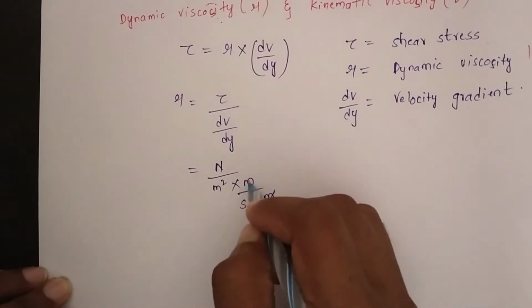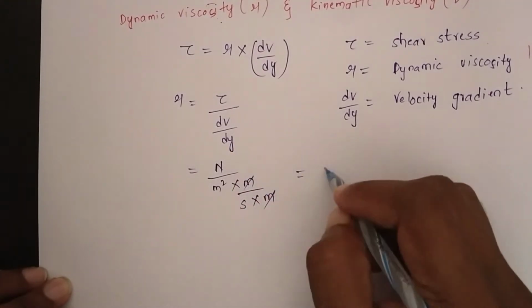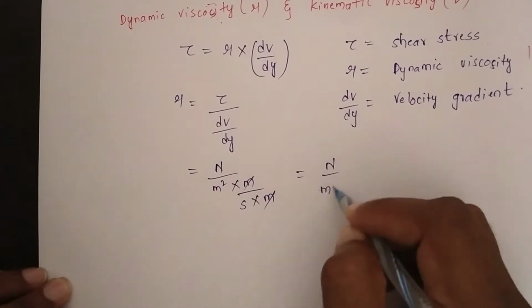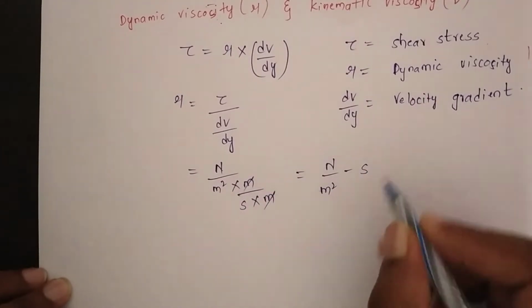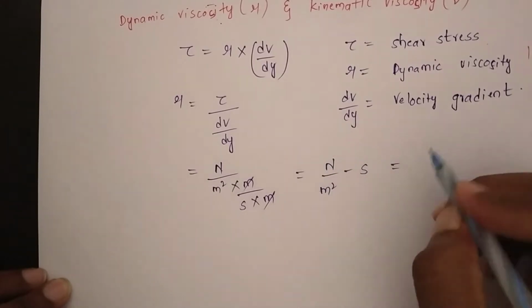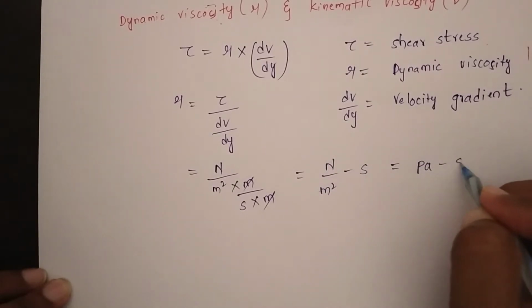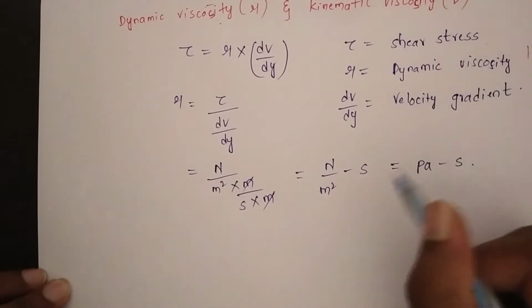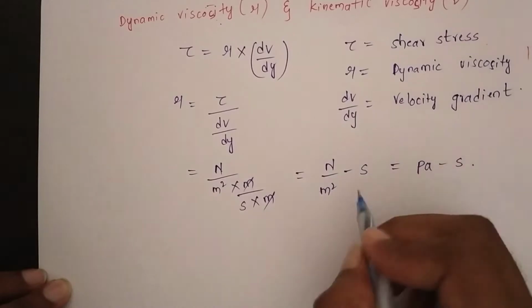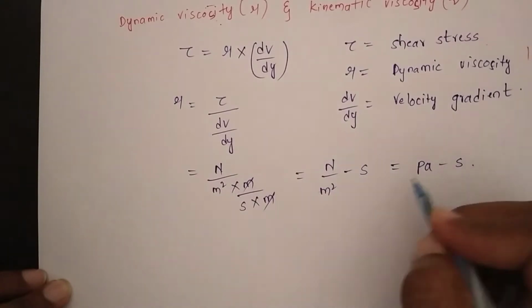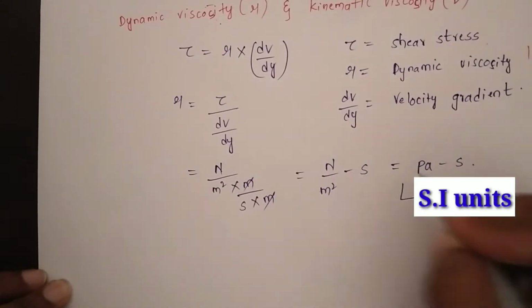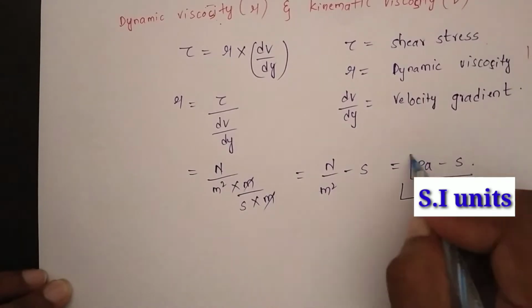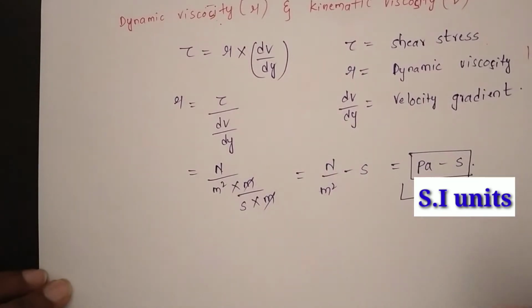If we cancel, we get Newton second per meter square. We know Newton per meter square is Pascal, so this is the units of dynamic viscosity in MKS system. Now we will convert this into CGS system.